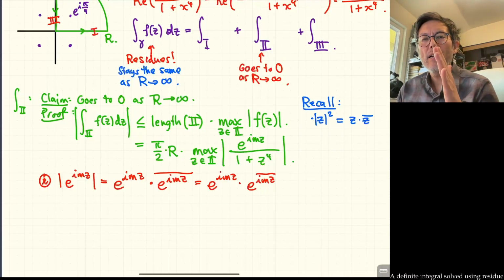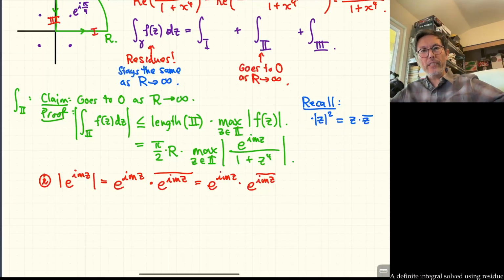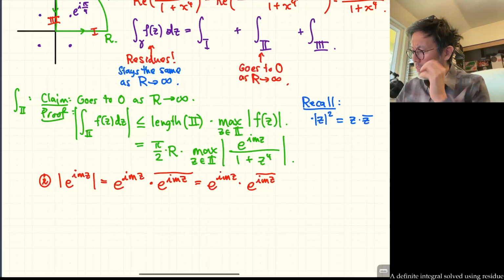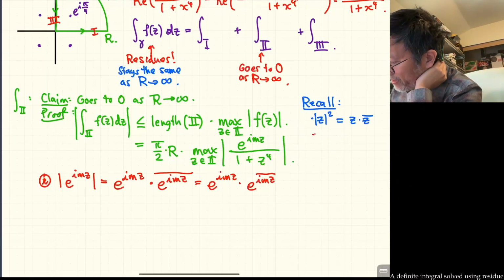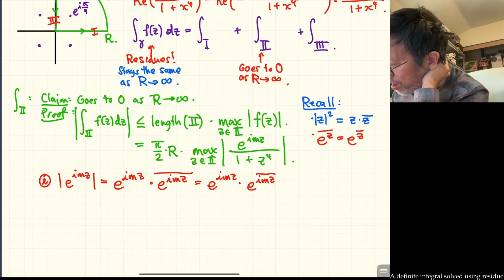Why is that? Just think about the Taylor series of e to the imz. Maybe this is a new fact that we haven't talked about, but this is always true.